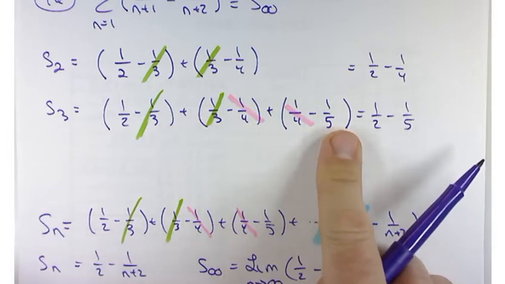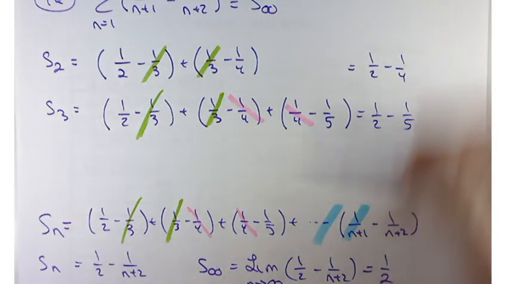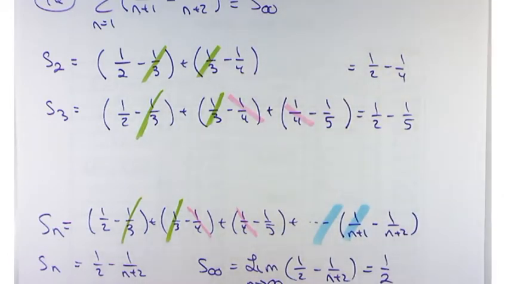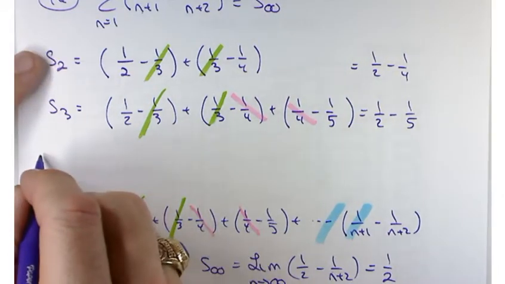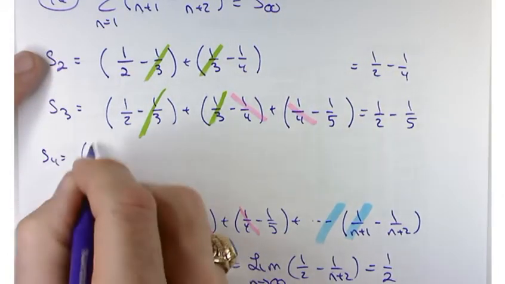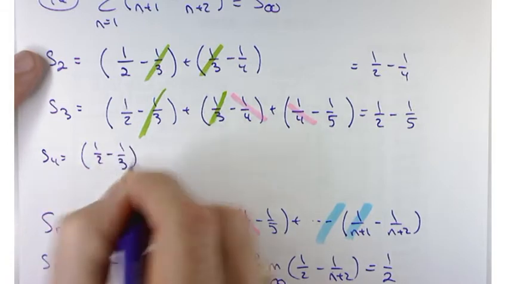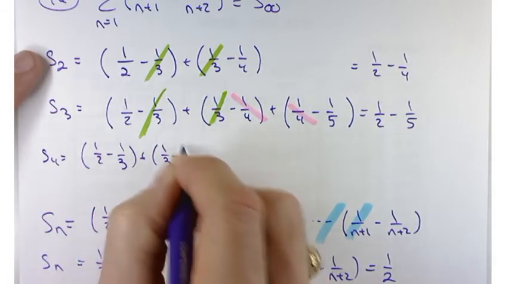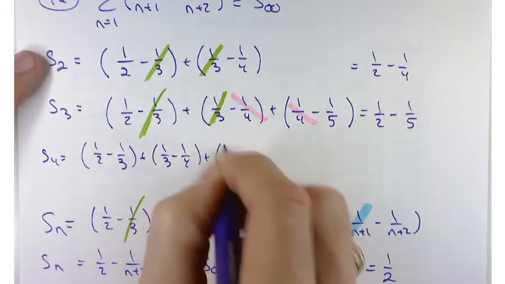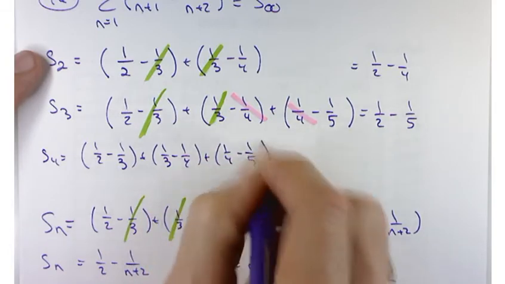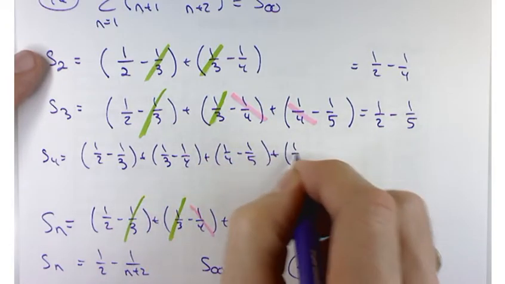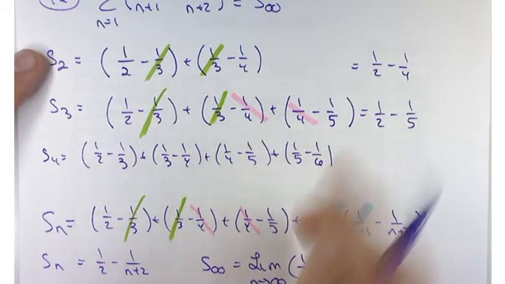So you kind of have to go through this with several of these. Let me do S sub 4 really quick. It'd be 1/2 minus 1/3 plus 1/3 minus 1/4 plus 1/4 minus 1/5 plus 1/5 minus 1/6.